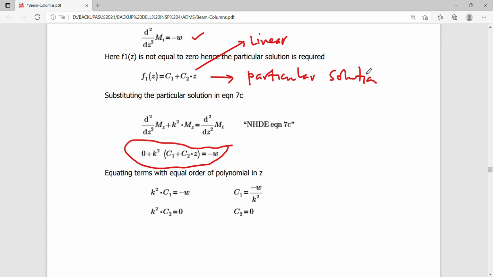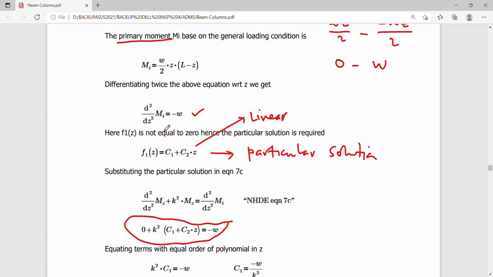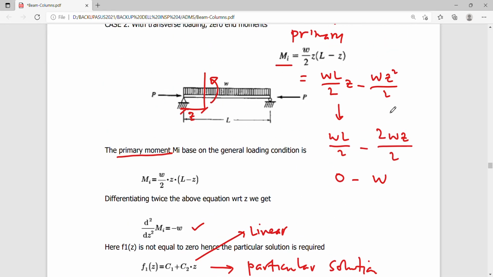Okay, we simply differentiate this twice. So what is your Mz? Mz is equivalent to this. Okay, there is a moment, no, but there are no end moments here.